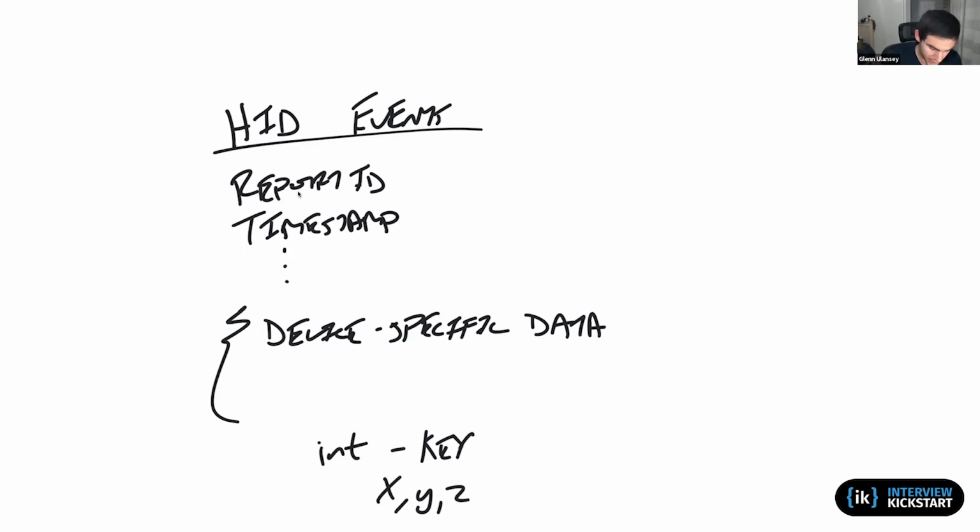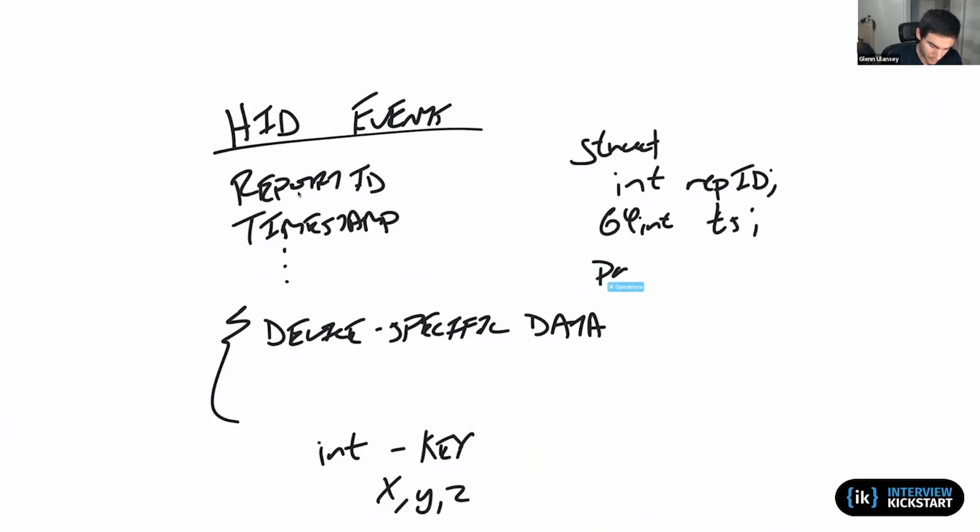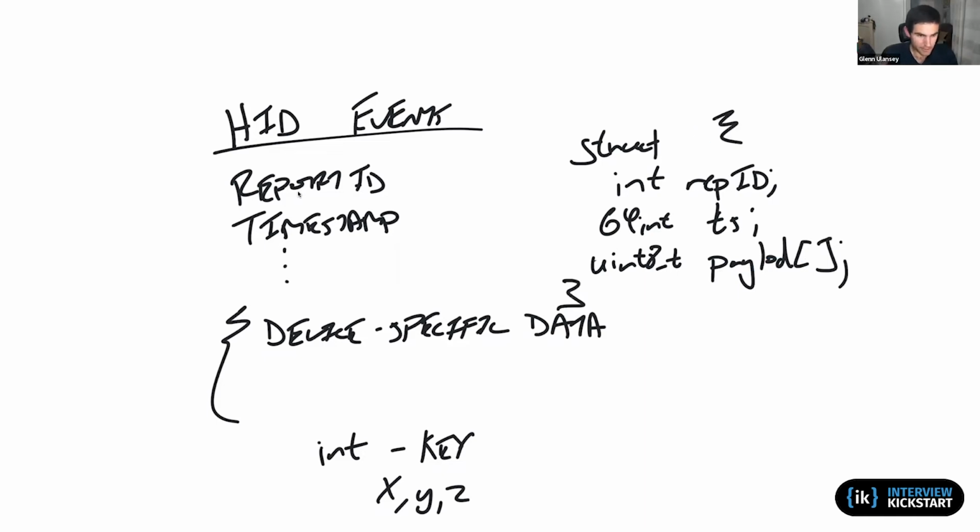So we might have a structure with an int report ID, a 64-bit int timestamp, and then a simple byte array for the payload, where whatever that specific device-specific information happens to be can live.